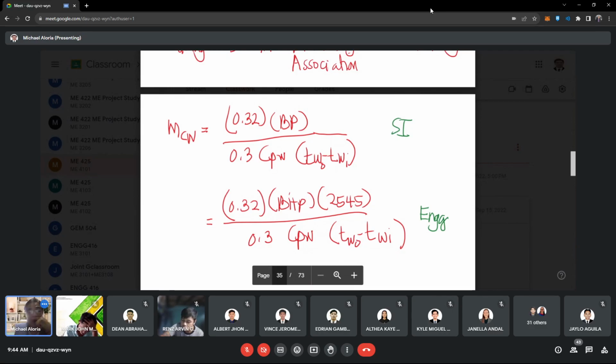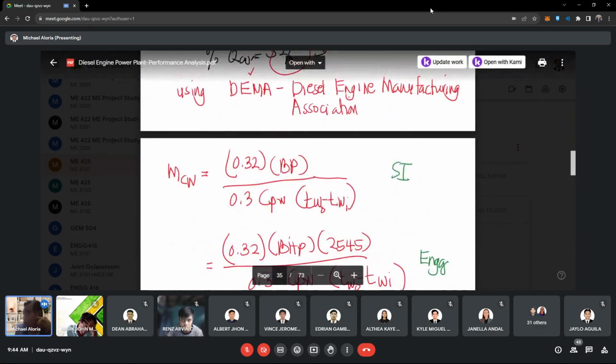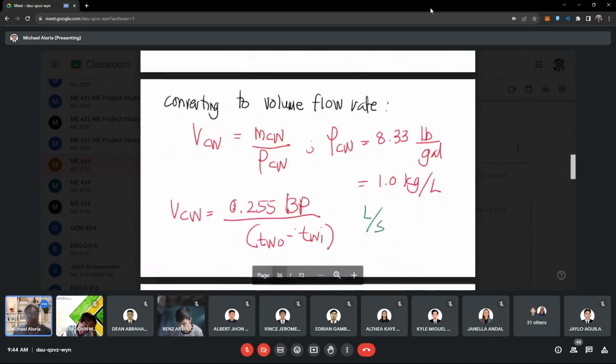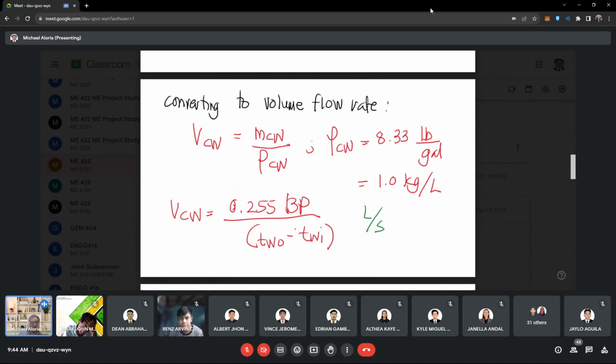Yan yung ating equation. So, paano natin i-convert siya? Usually, we should convert your mass ng cooling water into volume of cooling water. So, volume flow rate. Alam naman natin yung relationship, yung density natin. If you're given the density, then mass over volume, so we can compute.